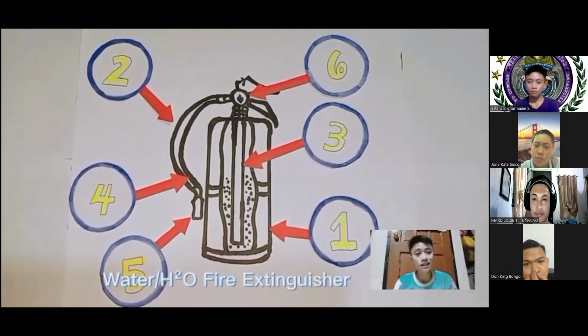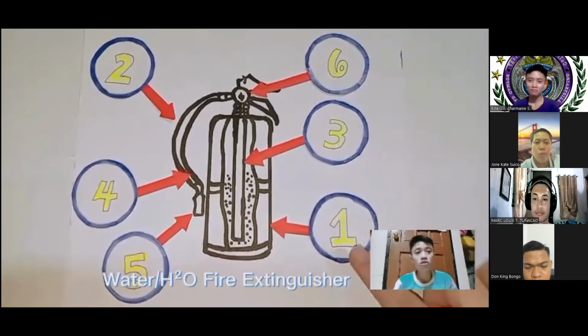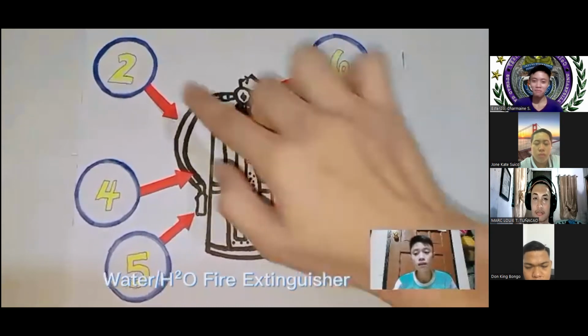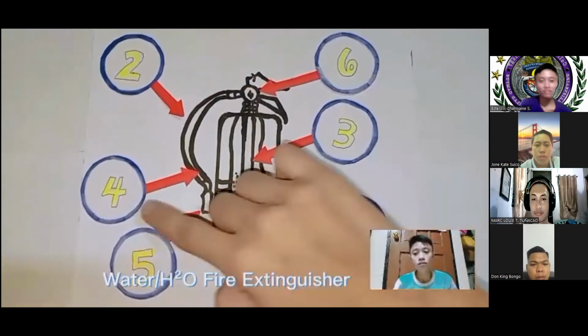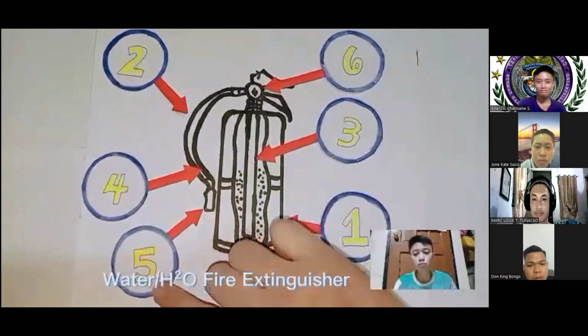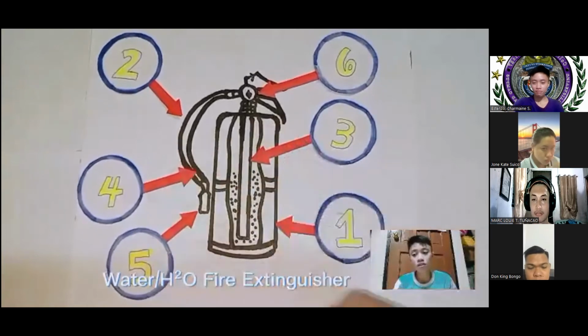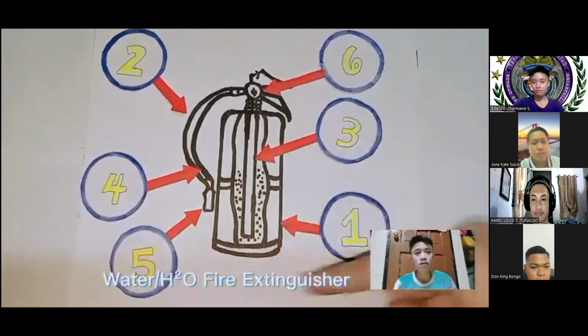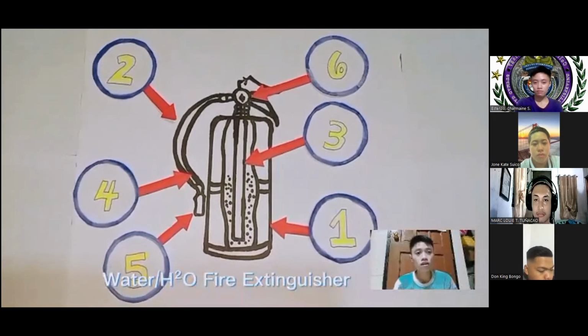Again, there are 6 common parts of a water or H2O fire extinguisher, namely the shell or cylinder tank, the valve, the pickup tube, the hose, the nozzle, and the pressure gauge. That's the parts of the water or H2O fire extinguisher.